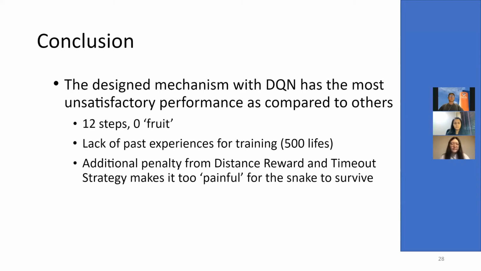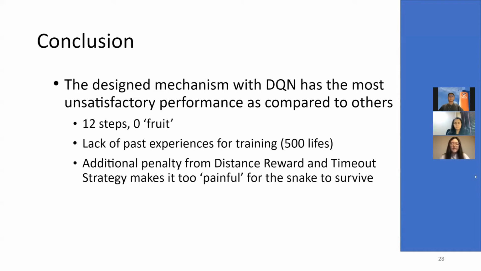As a result, the reward from eating a fruit cannot serve as an adequate compensation for all the negative rewards the snake receives in the process of moving towards the fruit. Therefore, in order to maximize the Q value, the snake tends to shorten its own lifespan. And this could possibly explain the performance here.